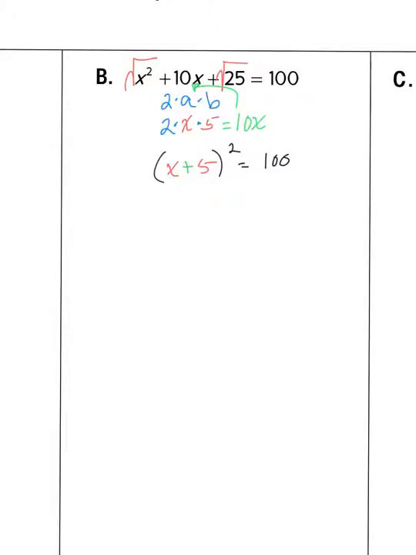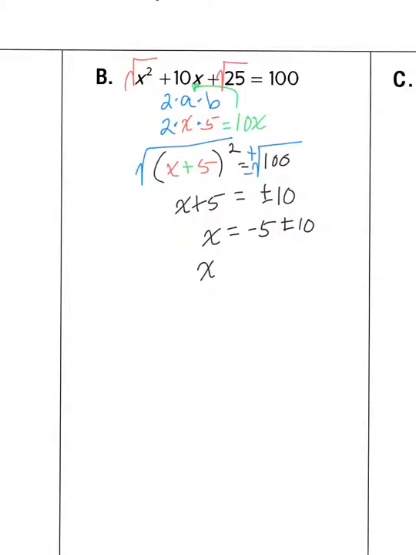Now that you have a perfect square isolated on the left, you can take the square root of this side and then plus or minus the square root of the right side. You get x plus 5 equals plus or minus 10. Subtract 5 in front of the plus minus, and you get x is equal to negative 5 plus or minus 10.